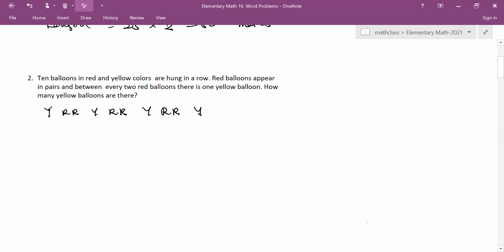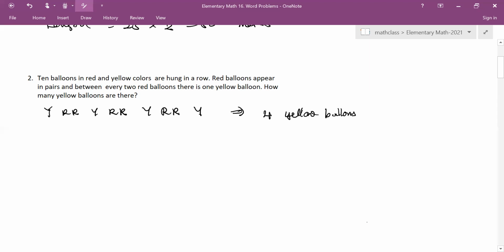So you will see that they already got 10. So there will be 4 yellow balloons there. So your conclusion is 4 yellow balloons.